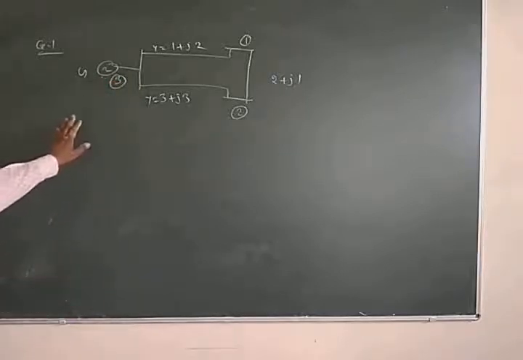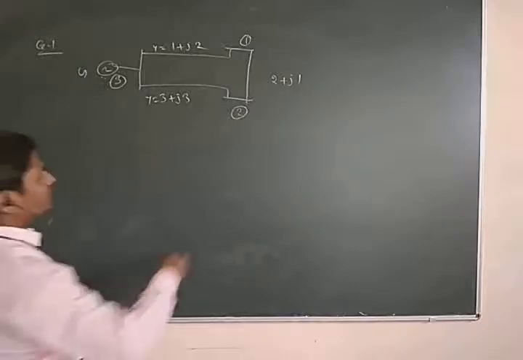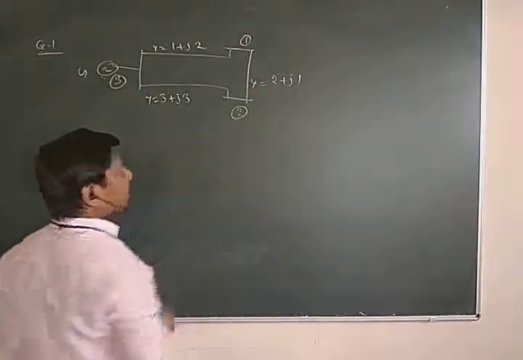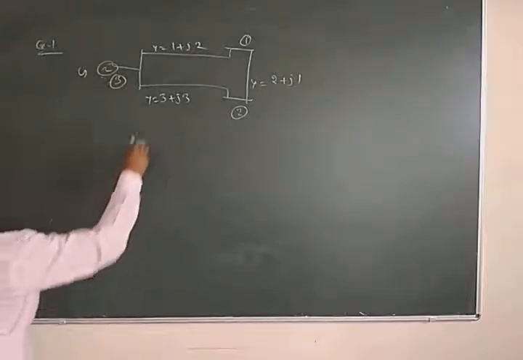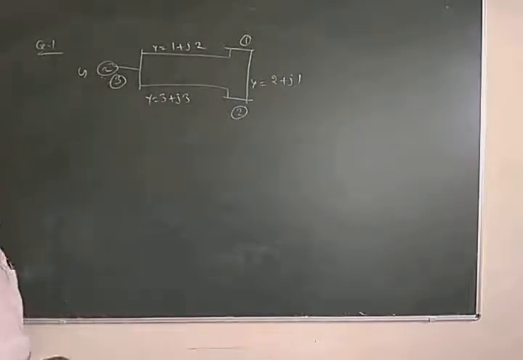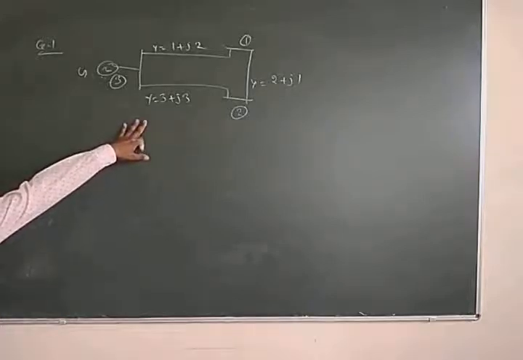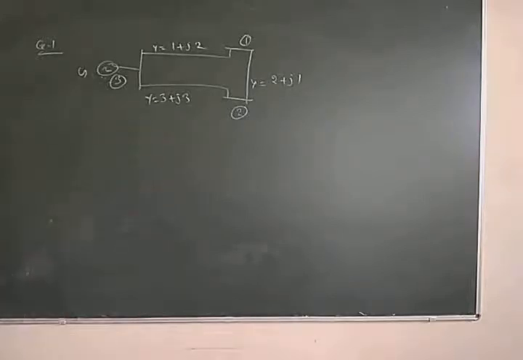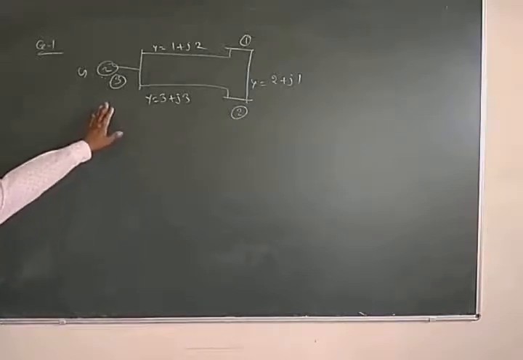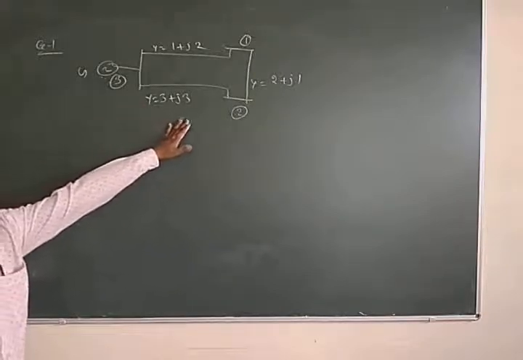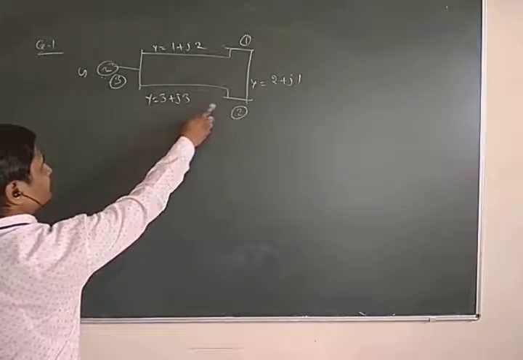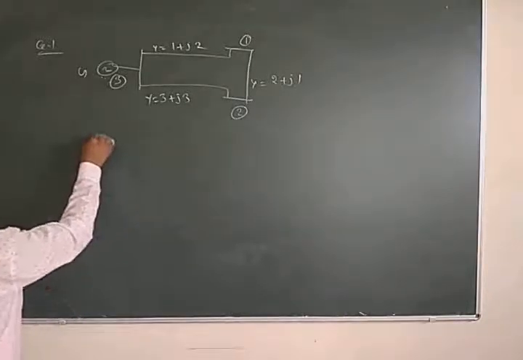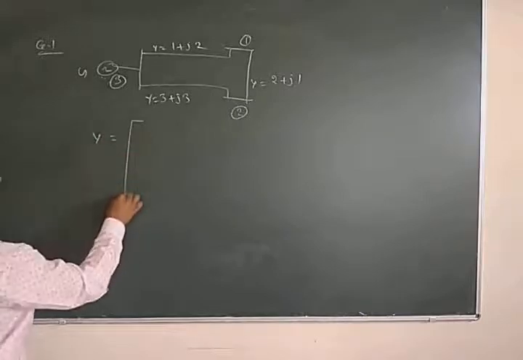From this data, we can find the admittance matrix. How can we find it? In this question there is no charging current because shunt admittance is not considered. So simply we have to calculate the KCL equations using the data of the transmission lines. We know that for a 3-bus system, the Y-bus matrix becomes 3 by 3.